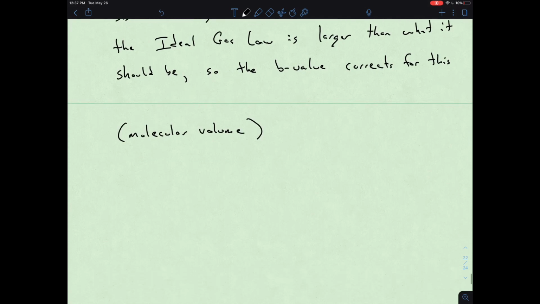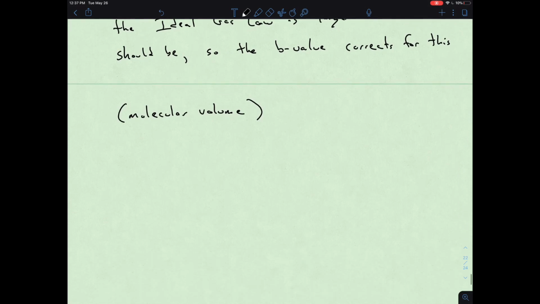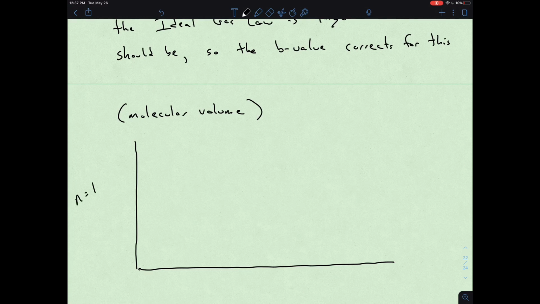So if we were looking at a plot of, let's say, n here being 1 mole, then remember n here would be what? PV over RT in terms of our ideal gas law.